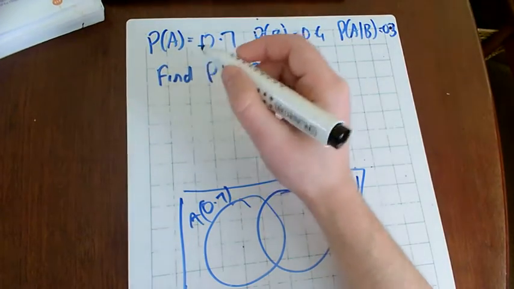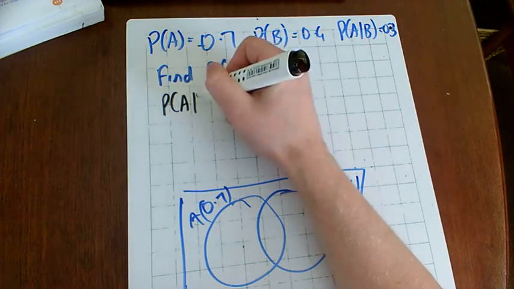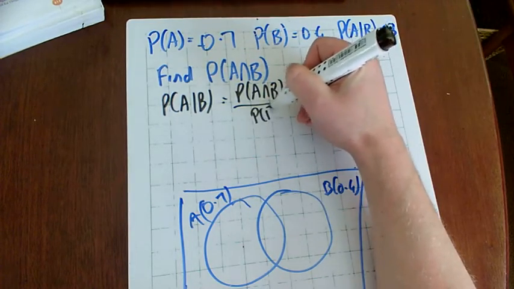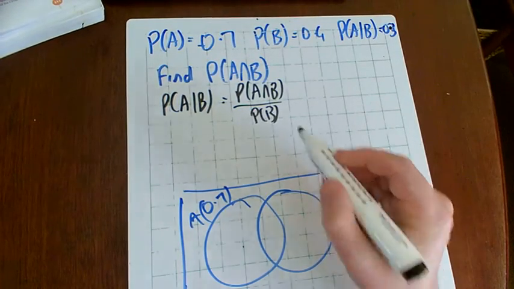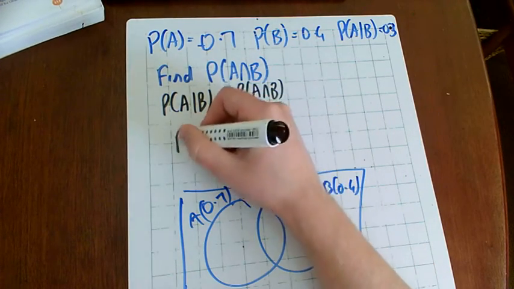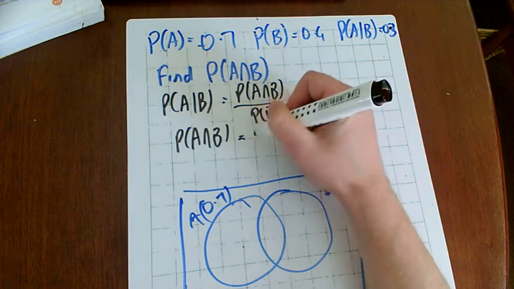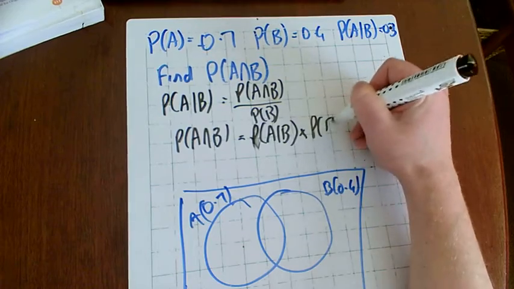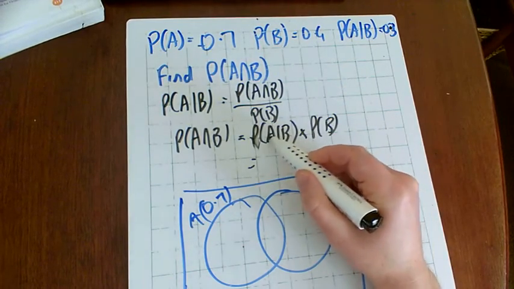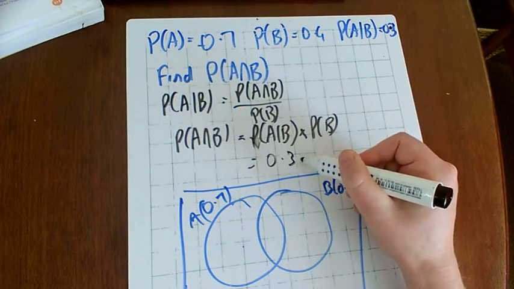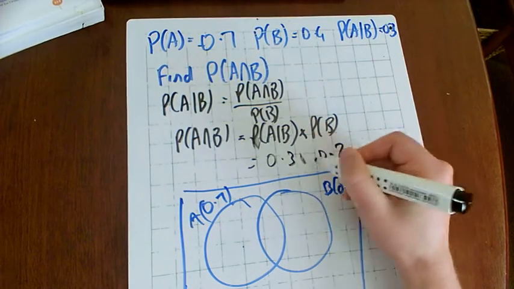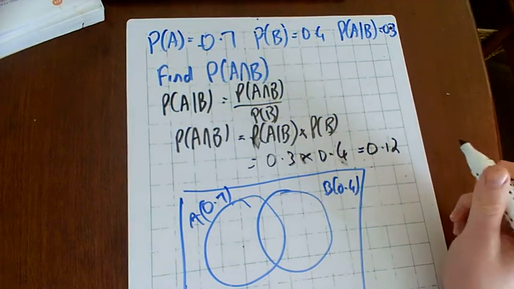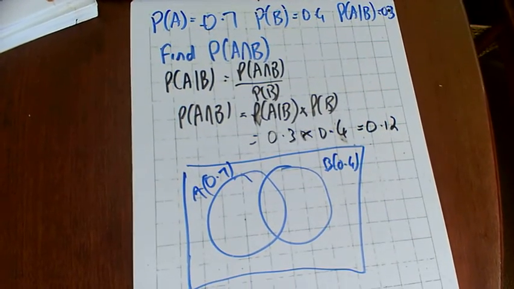We know the probability of A given B is the probability of A intersection B divided by the probability of B, because you're given B. We want to rearrange that to find A intersection B. So the probability of A intersection B is the probability of A given B times the probability of B. We've got those two amounts: A given B is 0.3, probability of B is 0.4. Equals 0.12.